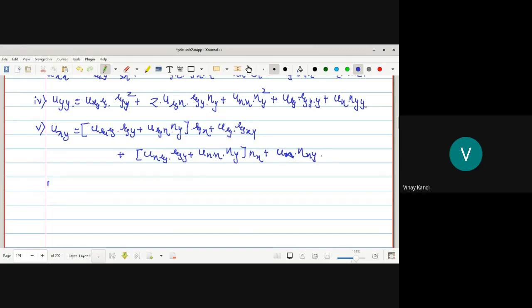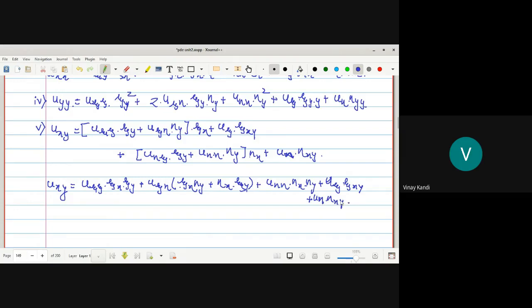After simplification we get u_xy is equal to, multiplying ξ_x and η_x in the bracket, u_ξξ into ξ_x into ξ_y plus u_ξη into bracket ξ_x η_y plus η_x ξ_y plus u_ηη into η_x η_y plus u_ξ into ξ_xy plus u_η into η_xy. So this is the value of u_xy.